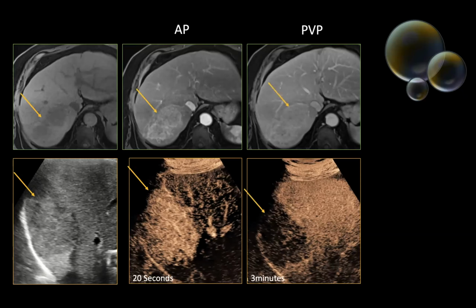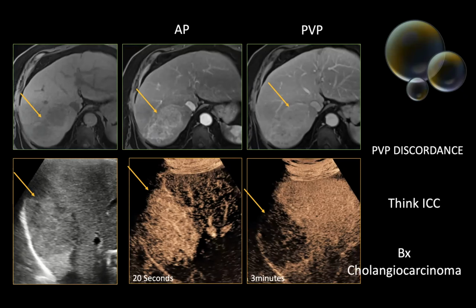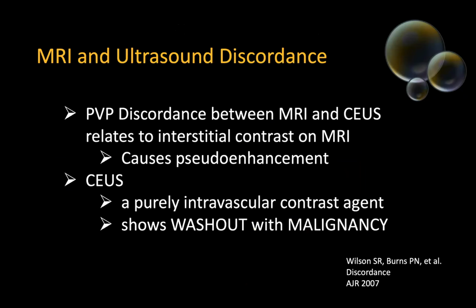But in the portal venous phase, the contrast enhancement of the tumor is still there on the MR, whereas it has washed out black on CEUS. And this discordance suggests to us immediately that we must exclude cholangiocarcinoma. So always think ICC, biopsy these cases, and this is again cholangiocarcinoma.